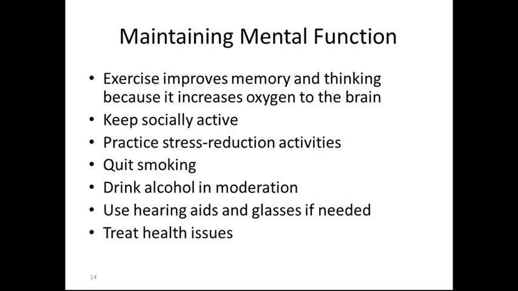To maintain mental function, it is important to continue with exercise to improve memory and thinking because it increases oxygen to the brain. Keep socially active and practice stress reduction activities. Quit smoking, drink alcohol in moderation, and use hearing aids or glasses as needed. Treat health issues when they arise. Do not wait until they become untreatable.